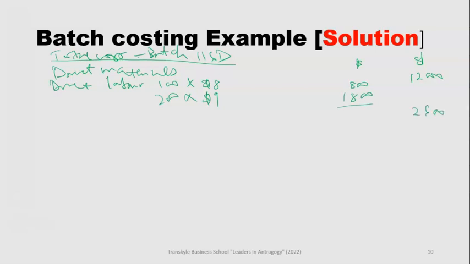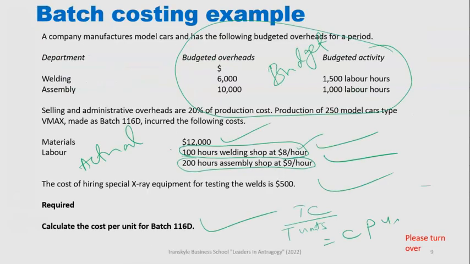Please follow me. Then there was some direct expense. It couldn't be classified as a direct material or a direct labor. It was just some expense which we incurred to ensure that our production meets some specific requirements.